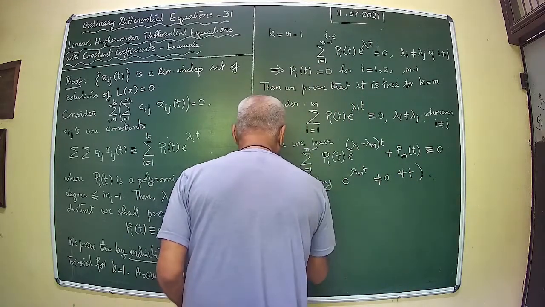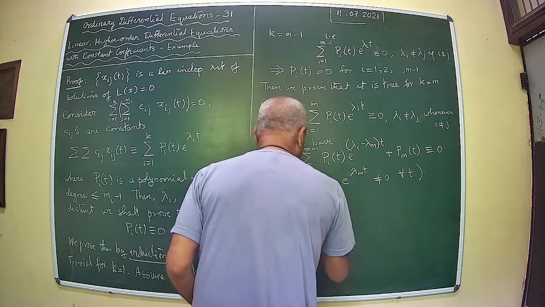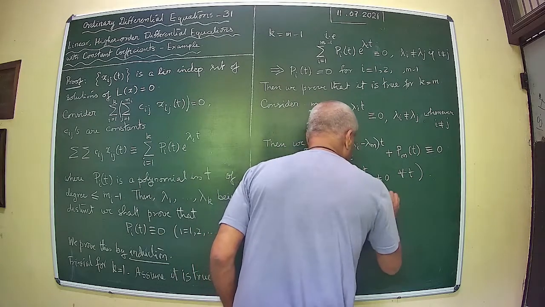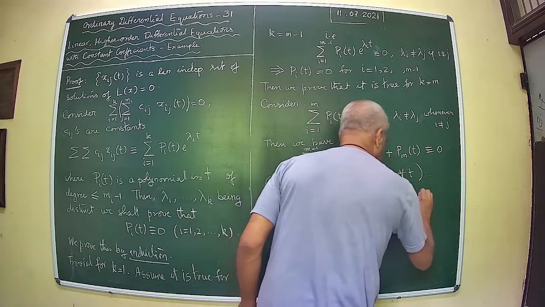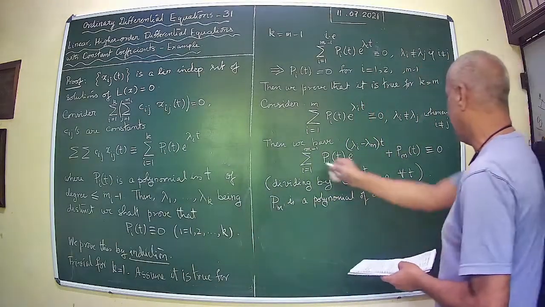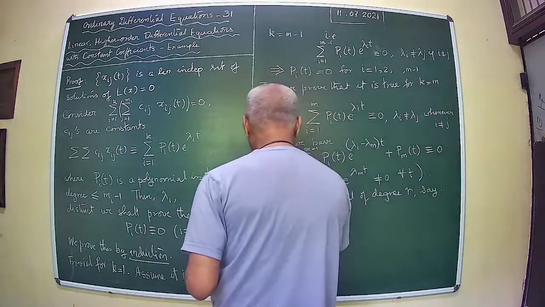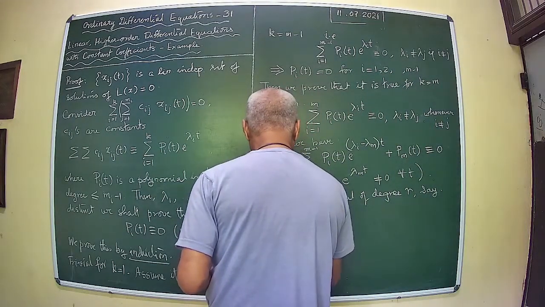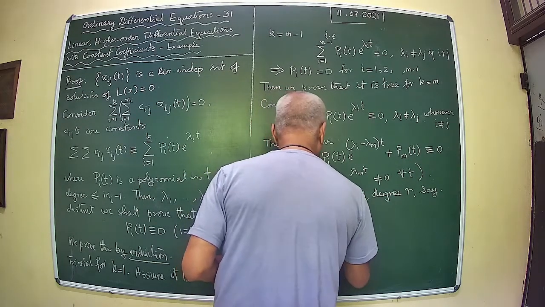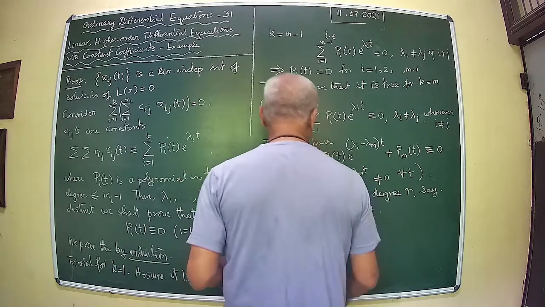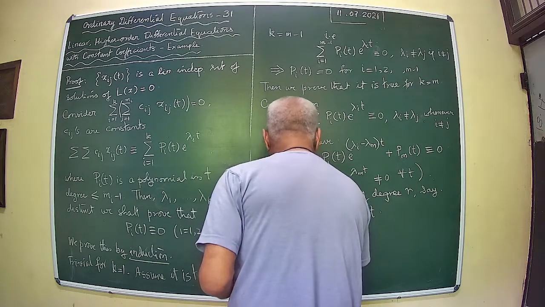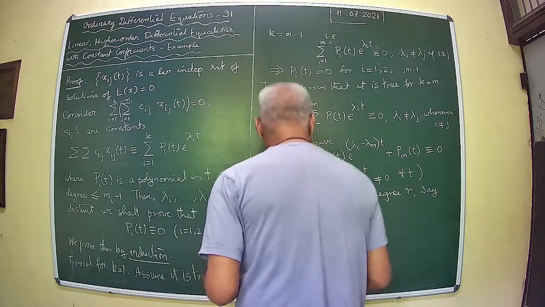Pm are, say, then what happens? You take this relation, then differentiating, t, what you get is the following. Sigma i equal to 1 to m minus 1.